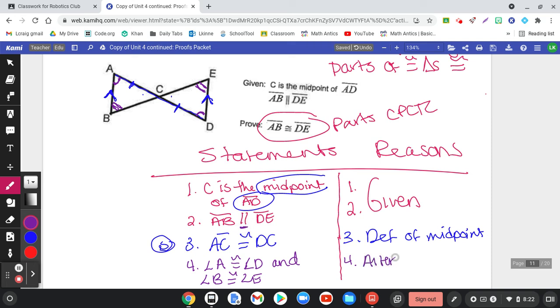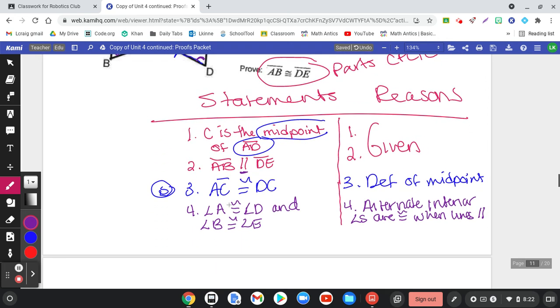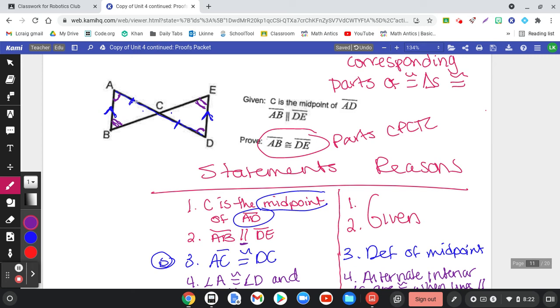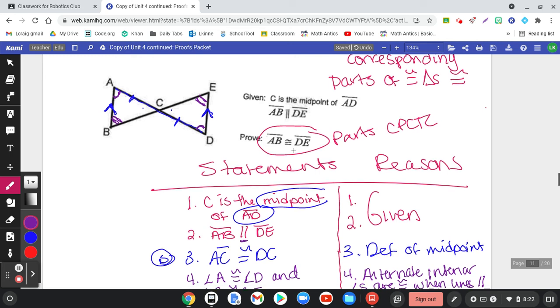Alternate interior angles are congruent when lines are parallel. So look, you have angle, angle, side congruent to angle, angle, side. So the two triangles are congruent by angle, angle, side, and therefore their parts are congruent by CPCTC.